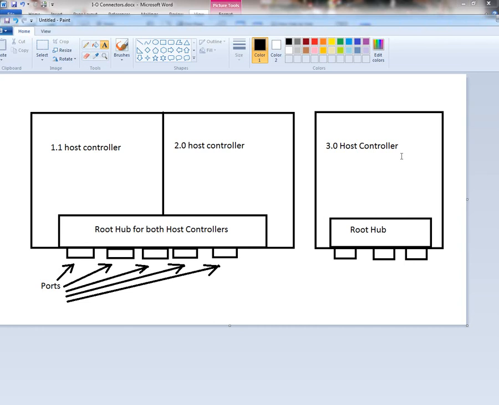With 3.0, it's more of a bus mastering situation, and the host controller still provides host control, but everything can run in full duplex. There's controllers at both ends. So you have a separate root hub for 3.0. So these devices are specifically 3.0.